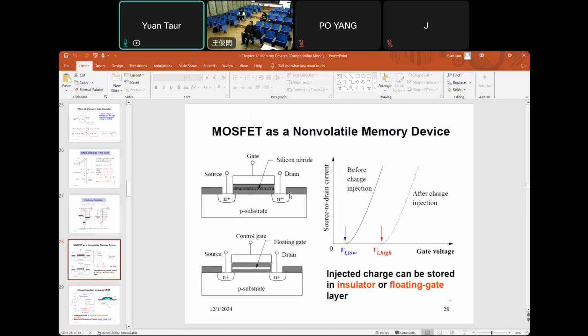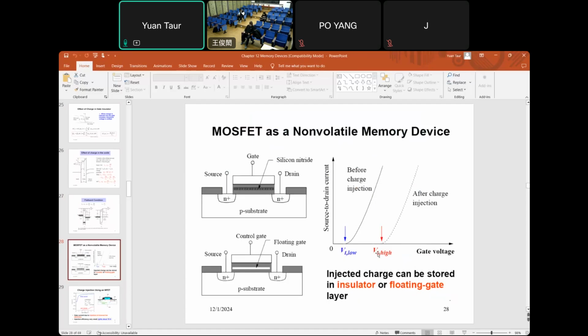The current versus gate voltage has two cases. With no charge, let's say the VT is here. With charge, usually the charge is negative. If there's a negative charge, then VT becomes higher, VT goes positive. So no charge is this blue solid curve, and with negative charge, it's a dashed curve. VT is higher.